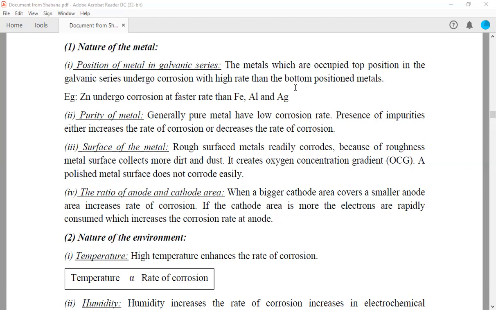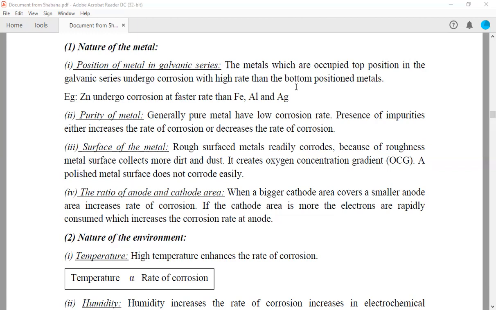Coming to the purity of the metal, which is the second factor in the nature of the metal. Generally, pure metals have a low corrosion rate. Presence of impurity either increases or decreases the rate of corrosion, because heterogeneity is produced if the impurity is present in the metal, which forms tiny electrochemical cells at the exposed parts.